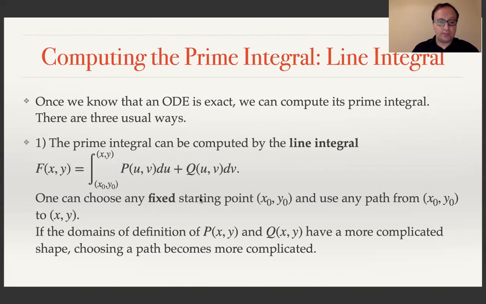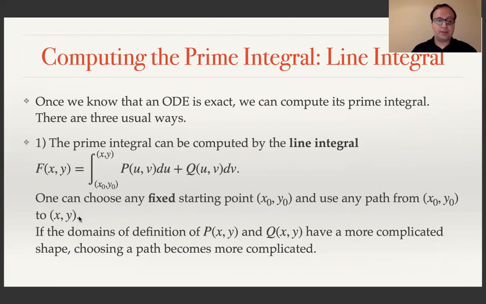This is a line integral, so it's supposed to be computed along some path from the point x0, y0 to the point x, y. Now it turns out that if the equation is exact, then it doesn't matter what path we choose between the two points. But let's have a look at that. As an observation, the path that we choose must be inside the domains of definition of the functions p of x and y and q of x and y.